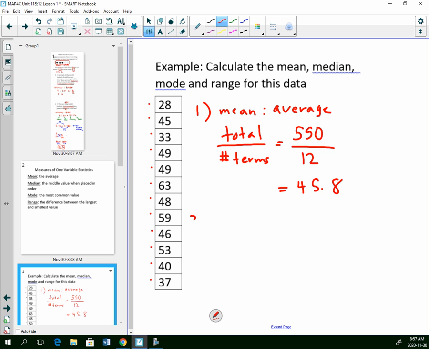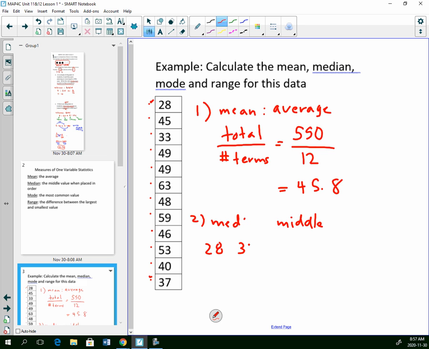The median is the middle. So I'm going to put these numbers in order from smallest to largest, or you can do it from largest to smallest. So 28, so I usually just check them, make sure I got them all. 37, oh, no, I see a 33.